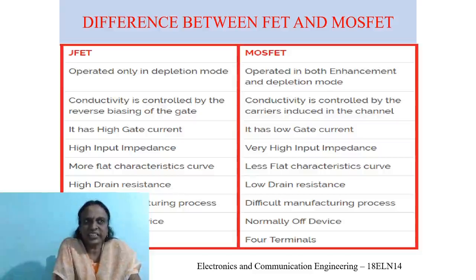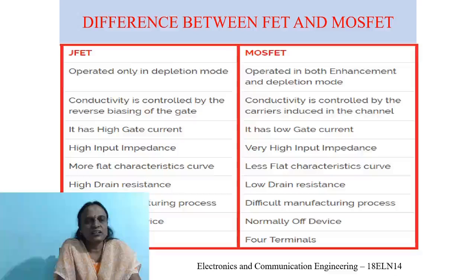This input is like a diode which is reverse biased in a JFET. Naturally, you know that a reverse biased diode junction is like an open circuit showing ideally infinite impedance. So the reverse biased gate input of the FET is the cause of its high input impedance.